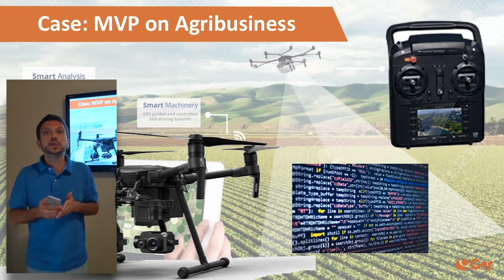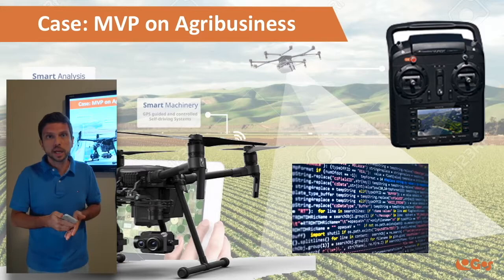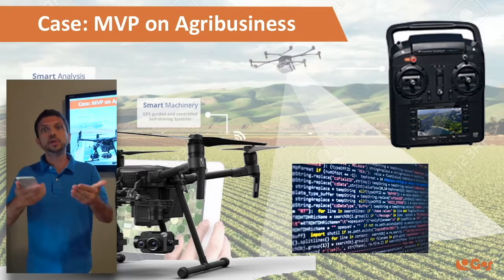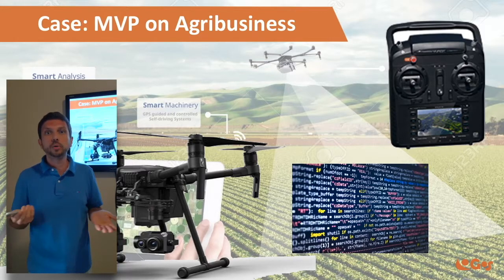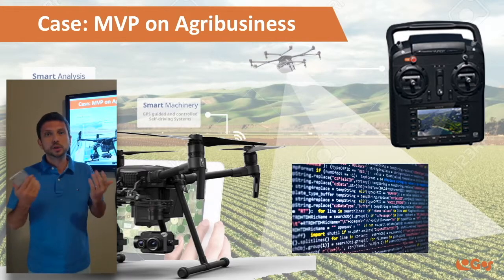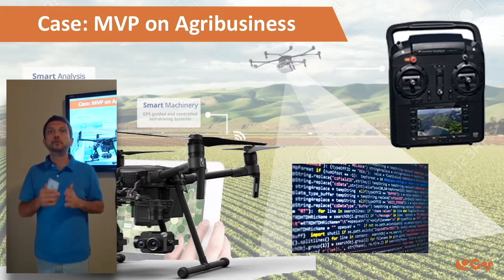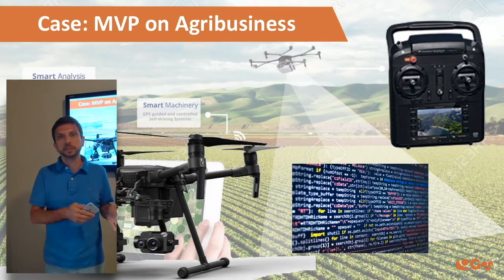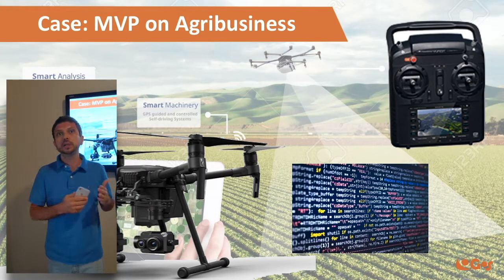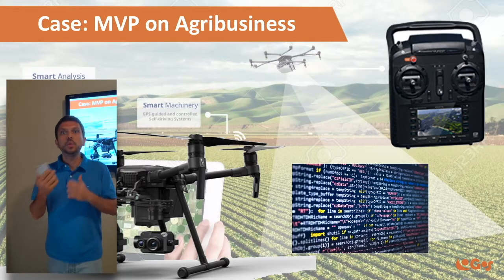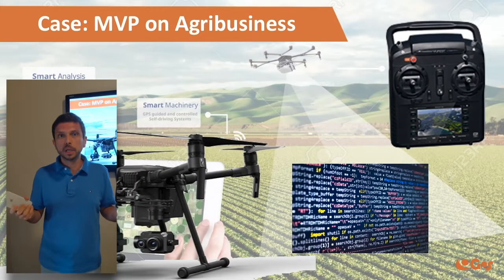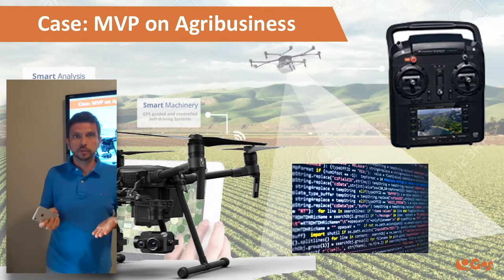We can make it with less money, less time, and have the same result for the farm owner, that is our client. So we can have the feedback and understand, before taking time and spending money, before doing all the job, how much money the customer will give us.